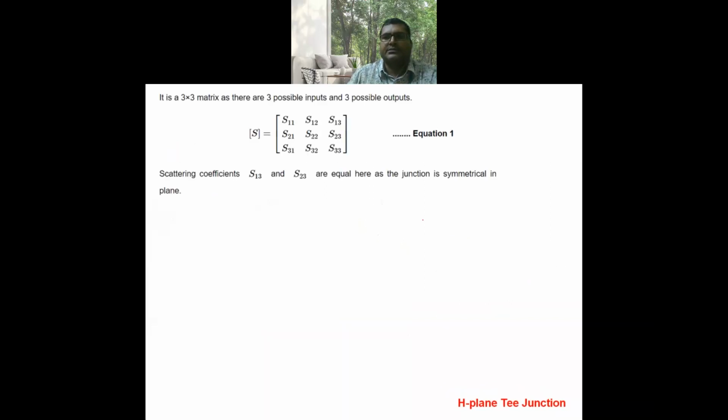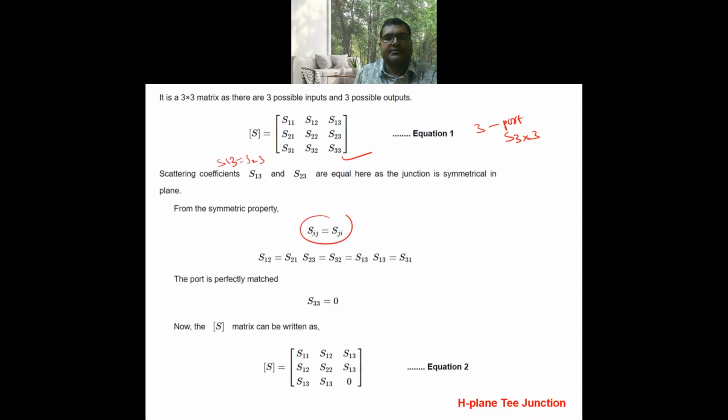Derivation of S matrix of H-plane T. It is a 3-port device. So the S matrix is of the order of 3 by 3, with S11, S12, S13, and so on. From the plane of symmetry, S13 is equal to S23, and from the symmetric matrix property, Sij is equal to Sji.